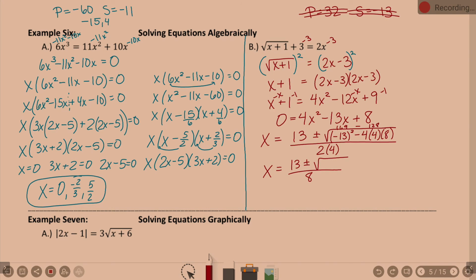That's it. What do you know about the square root of 41? It's not a perfect square. 41 is what I would call prime, so I'm not going to find any perfect squares in it because there are no other numbers that divide into 41. So I have circled in my notes that you could leave your answer like this, or 13 over 8 plus or minus the square root of 41 over 8.